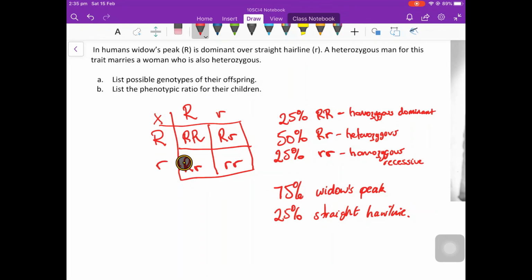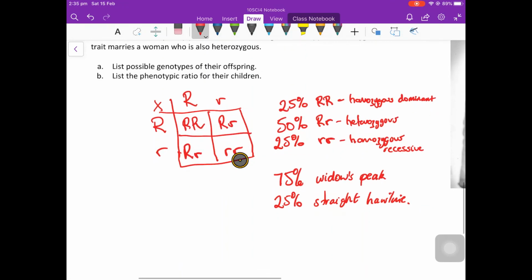There's 4 possible boxes. 3 of them are going to produce a widow's peak, and 1 will produce a straight hairline. So the phenotypic ratio will be 3 widow's peaks to every 1 straight hairline. So it's a 3-to-1 ratio of widow's peaks to straight hairlines. So there's our answer.